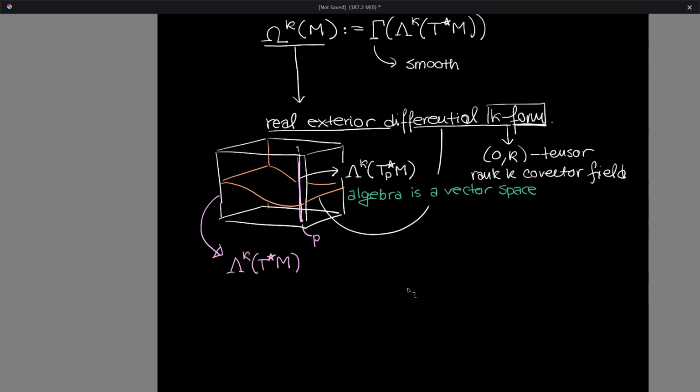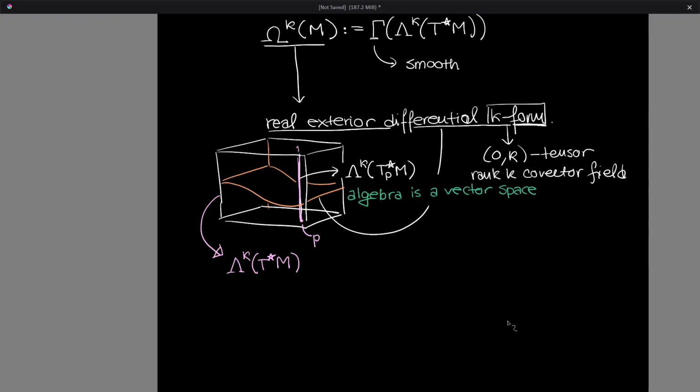So I really want to hammer home this idea of what exactly a form is, because form is a kind of nebulous word here. Since we've already done so much work in trying to understand what a tensor is, I want it to be clear that a form is just a special name for a specific kind of tensor. So when you hear differential form, underlying it is just a tensor at the end of the day.